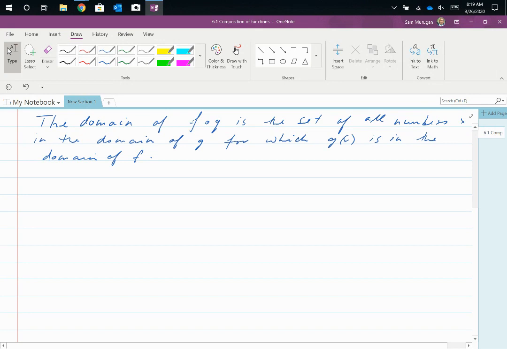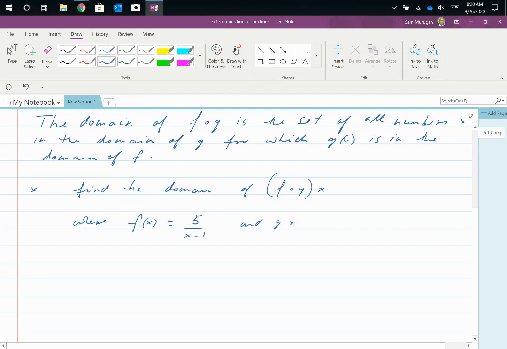If I'm given, say, two functions, find the domain of f composed of g of x, where f of x might be equal to, let's say, 5 over x minus 1, and g of x is equal to 4 over 3x minus 2.